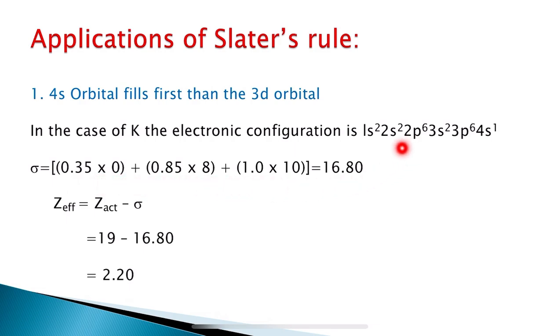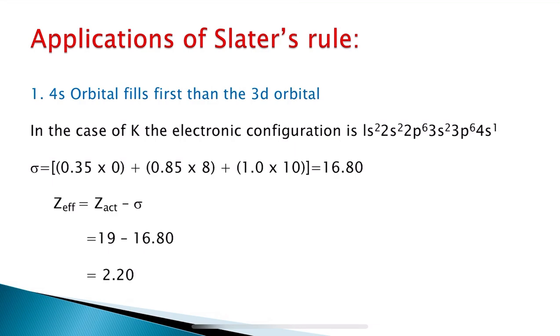And for the n minus 1th shell, we have 8 electrons, 3s2 3p6, and these 8 electrons will contribute 0.85, because this is the n minus 1th shell. Plus, for the 1s, 2s, 2p we have 10 electrons, so 1 into 10, and the total is 16.80, the screening constant of this particular element.